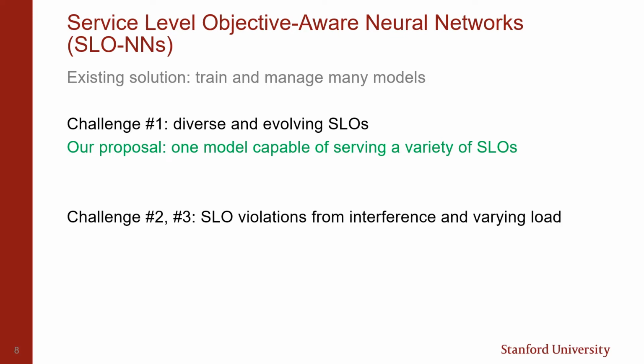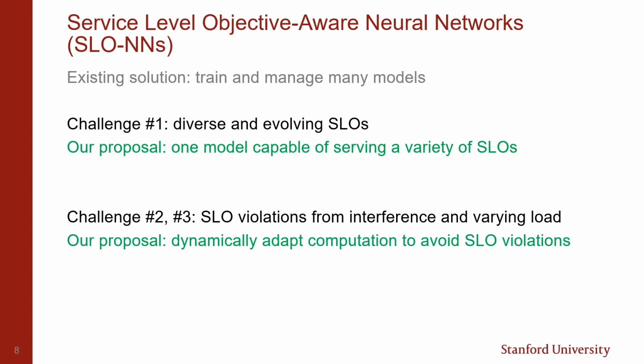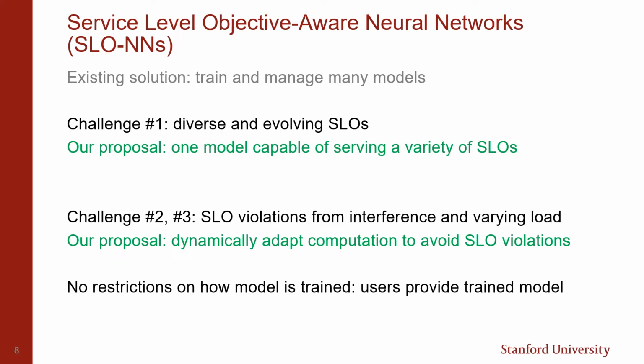Further, for the challenges posed by potential SLO violations from intermittent collocation interference and varying query load, we propose using a model which can dynamically adapt computation to avoid SLO violations. We note that this technique has no restrictions on how the model is trained, where the user can provide a trained model and we add the dynamic facilities to enable these features.